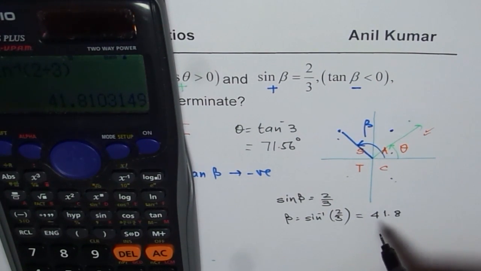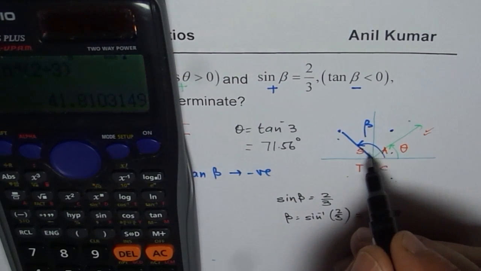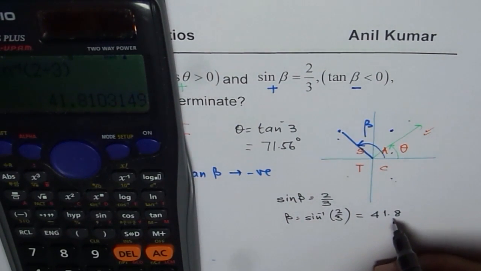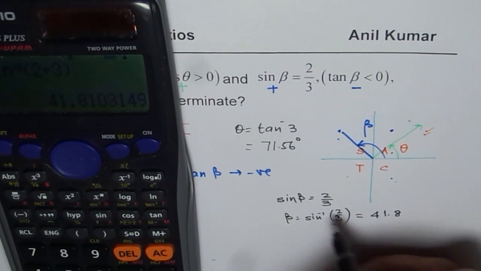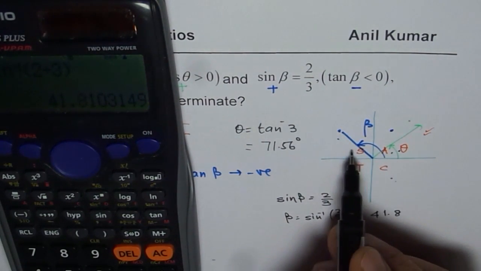So actually the real angle will be in quadrant 2, since beta could be in quadrant 1 or in quadrant 2.